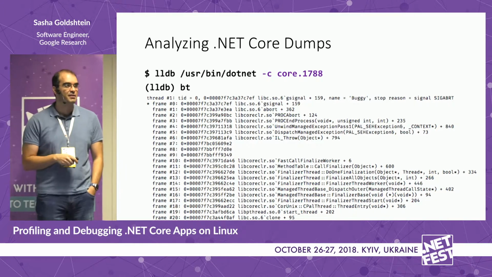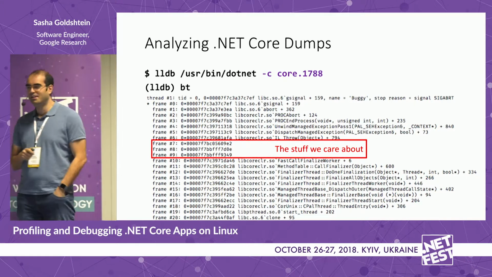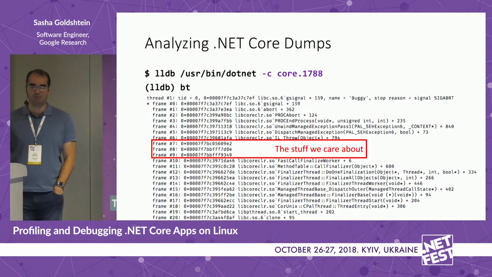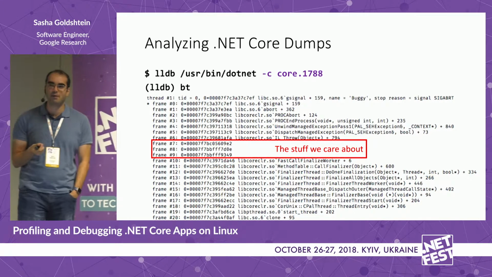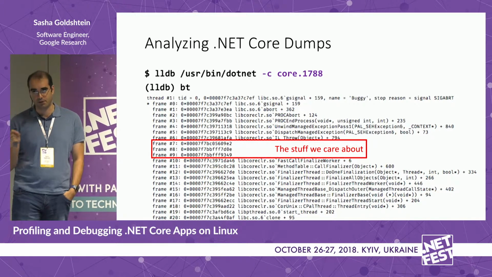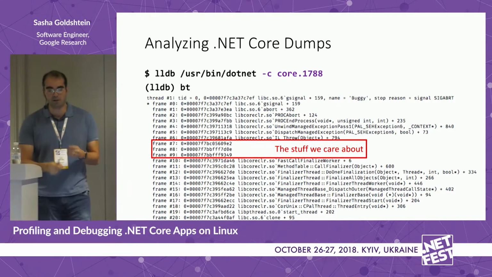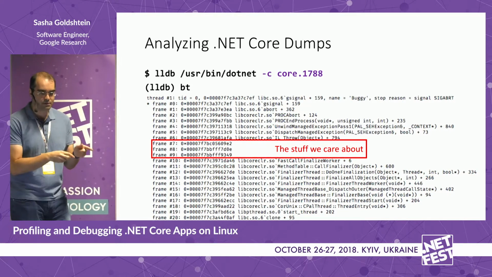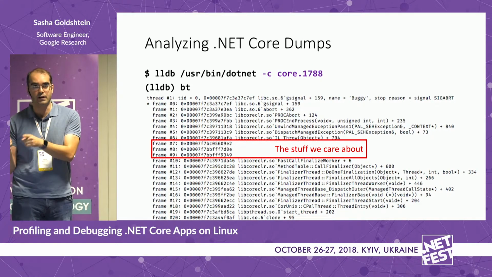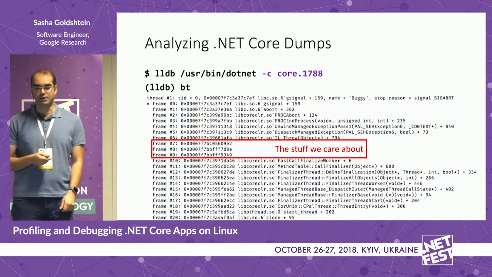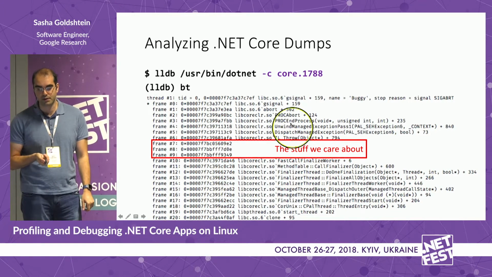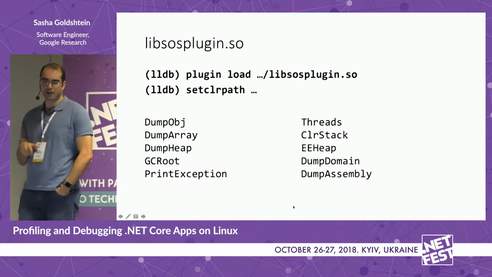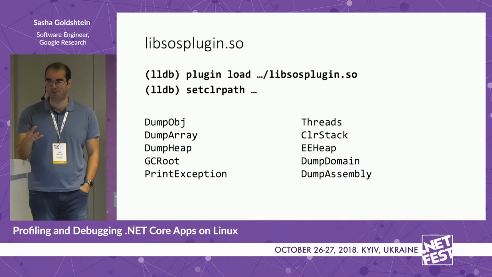But where? Here. And remember, the same issue from earlier, the stuff we care about is disguised by numbers. We don't have the debug information available to the debugger to translate these addresses to C# function names. The C++ stuff works, you know, but that doesn't really help us. So we have to use an extension.